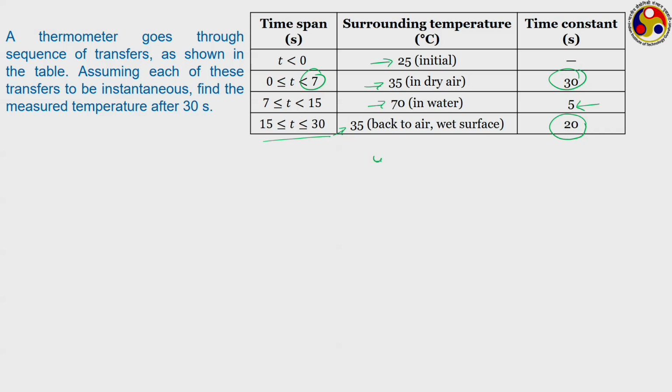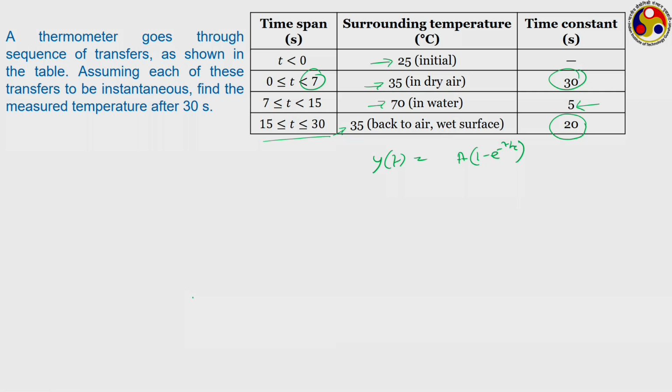We know that for any step function our response is something like k a e to the power minus t by tau. Here nothing is given about k, so let us take k equal to 1. What is a? A is the height of the step.